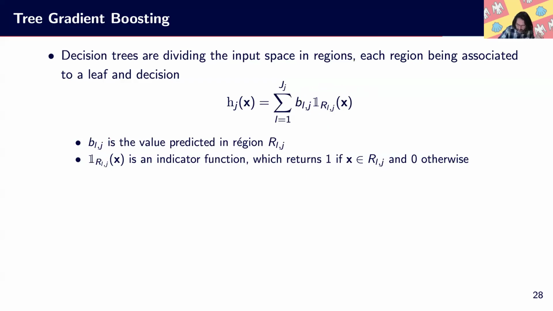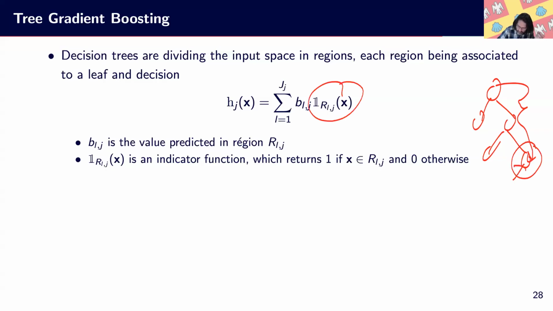This is basically going down in the tree. So we have this tree here, for example, and we say, okay, we have to go down and this is the final leaf here. So it means that in that leaf, the indicator is 1, and for the other leaves, the indicator is 0. And so we are in that leaf, and we assign the sample X that gets from the root to there the value BLJ that is associated with that leaf.